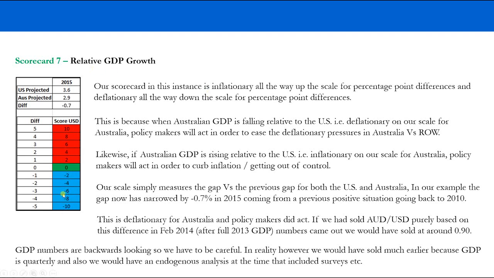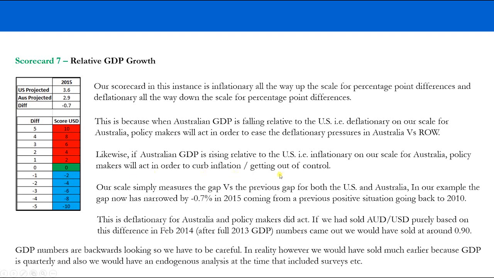So when we're in this area here, Australian GDP falling relative to the rest of the world and falling relative to the US in particular, so Australian GDP minus United States GDP becomes negative. It's falling.